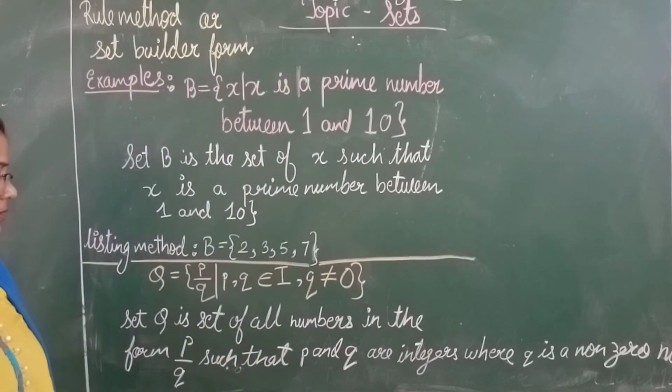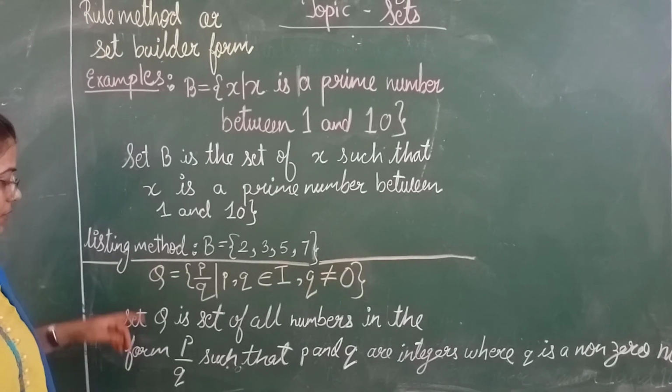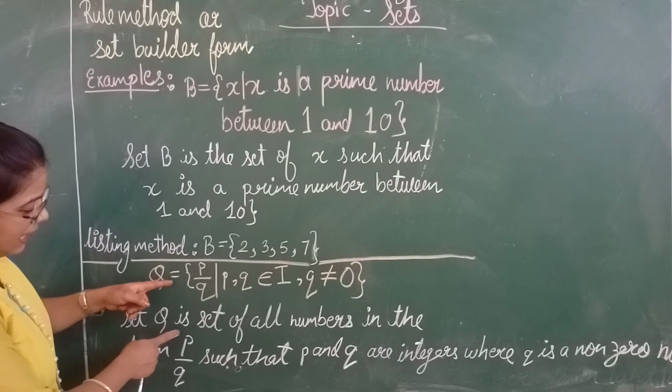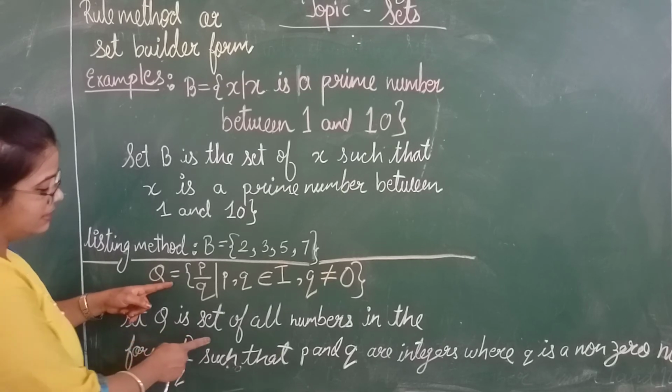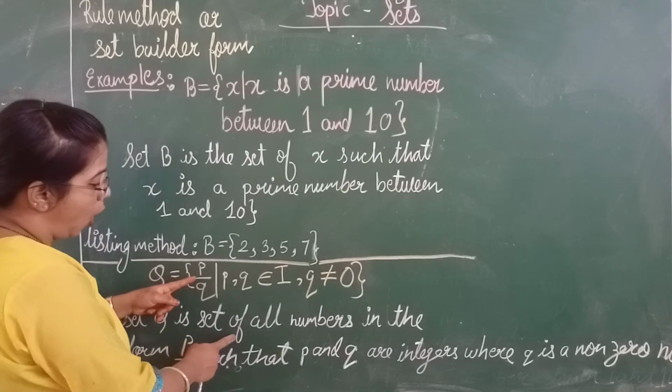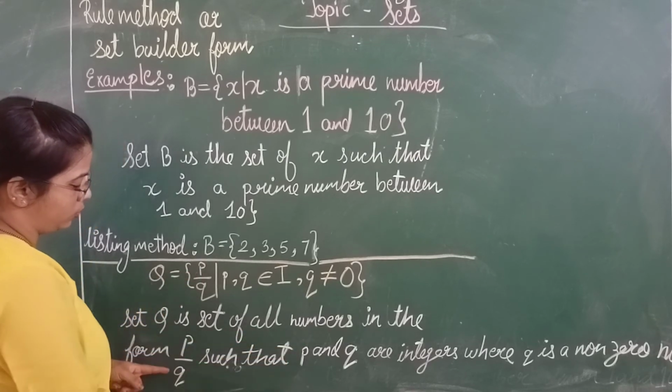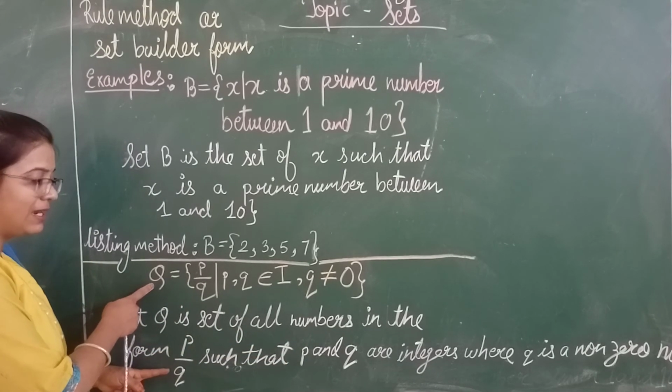Again I will repeat how we will read it. Set Q is the set of all numbers in the form of p by q. Q represents rational numbers.